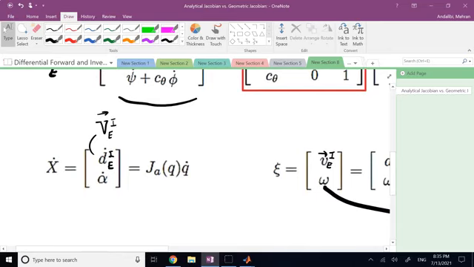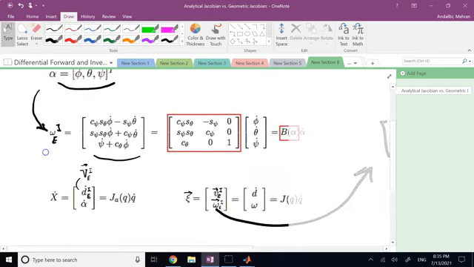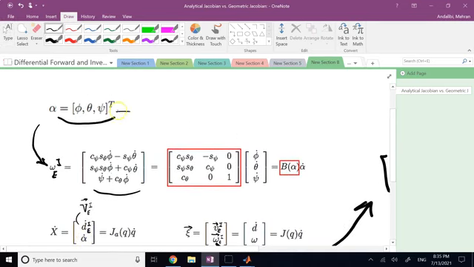But here, zeta was the vector omega, which was based on absolute angles. Here, my angular velocity is defined using alpha dot, where alpha was the vector of the three angles. Okay, and when I say alpha dot means what?